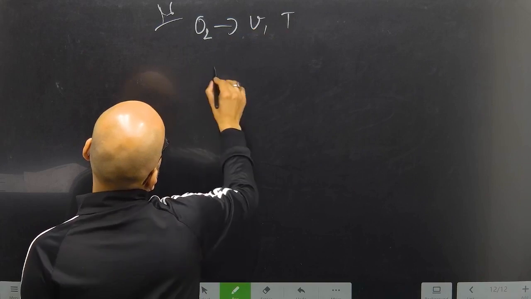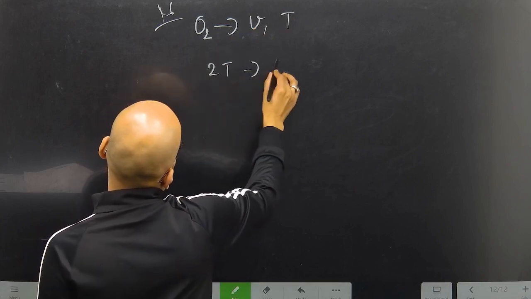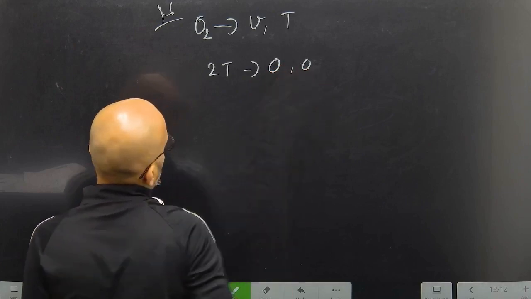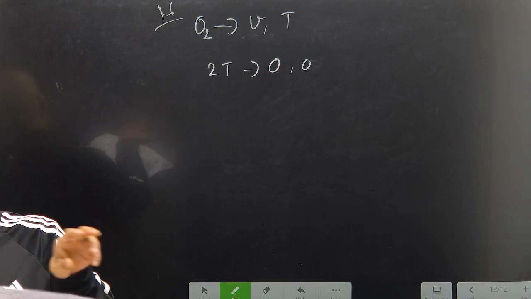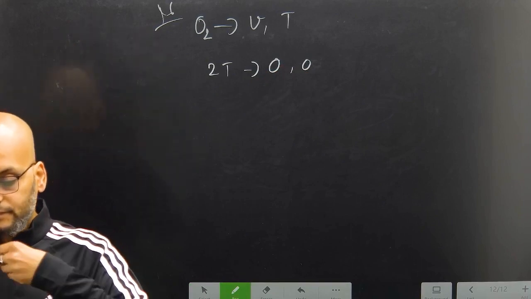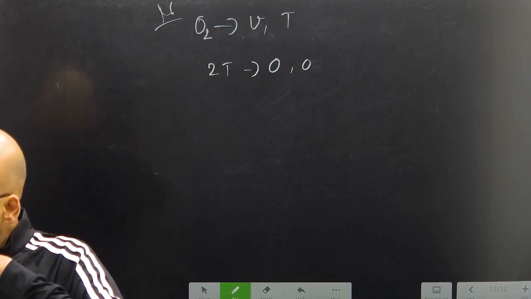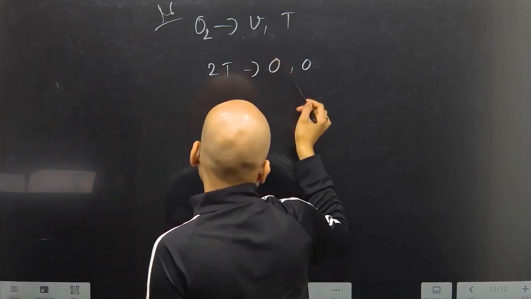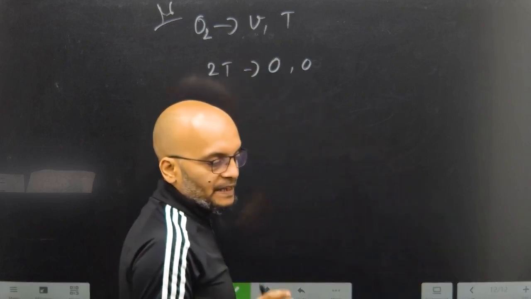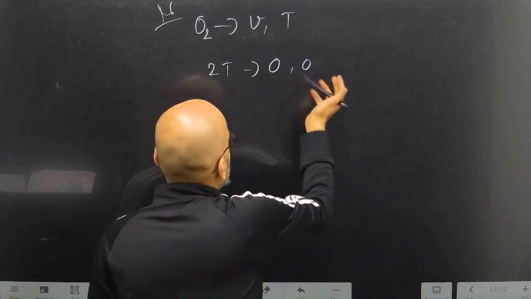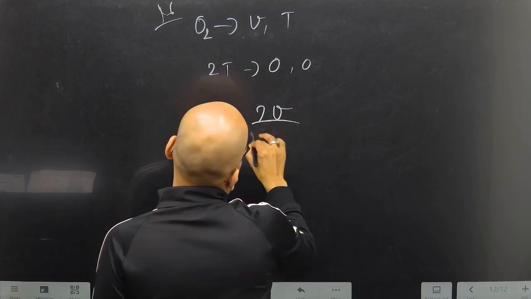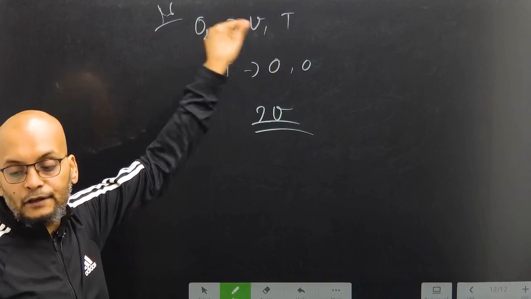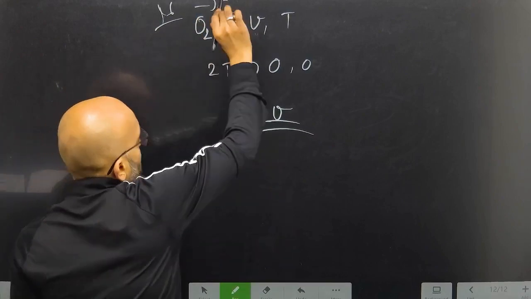Now what they are saying: double the temperature, and now the oxygen molecule has dissociated into oxygen atoms. See, RMS speed is directly proportional to the square root of temperature. If temperature is doubling and it is dissociating, it will become 2 times. Yes or no? So if initially it was V, now it will be 2V. So option C is correct.